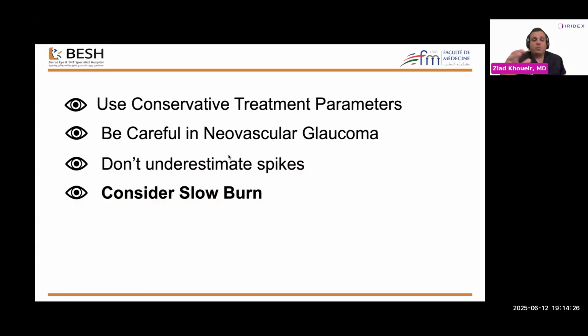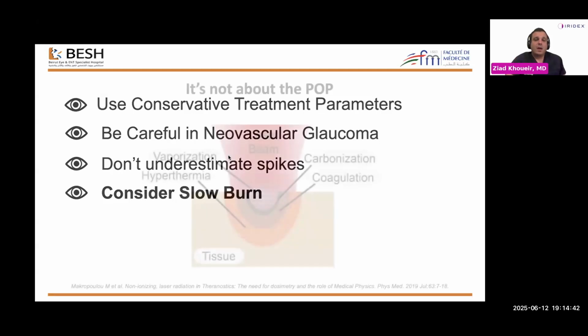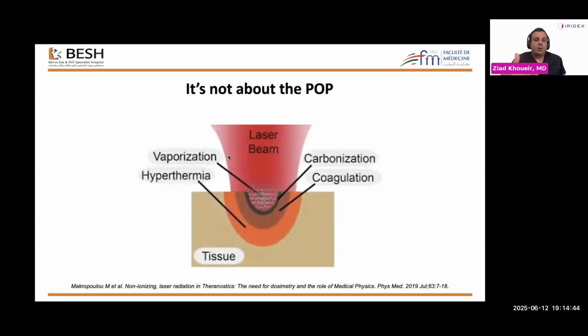So we talked about the energy level. The more energy you put during the session, the better IOP reduction you're going to have. But it's not only about the energy in terms of numbers, but it's also how you deliver that energy to the tissues. And when we talk about the photothermal mechanism, when you're heating a tissue with a laser, it's all about the gradient of temperature.